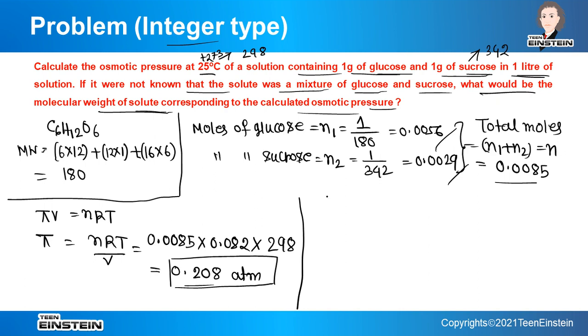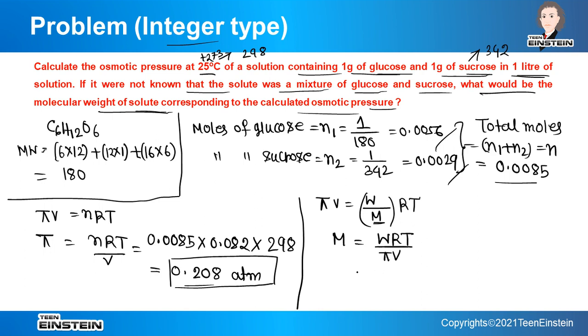So again we will write the same equation, but in place of n, now we will write mass divided by molecular weight, into RT. M is the unknown that we have to find out, so M is equal to WRT divided by pi V.